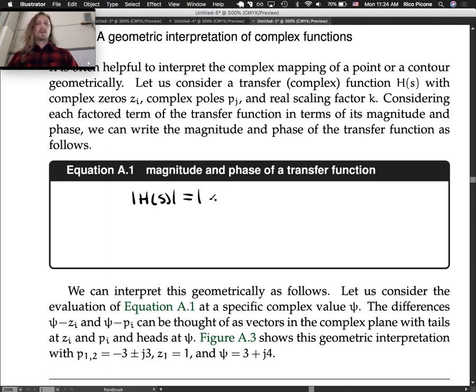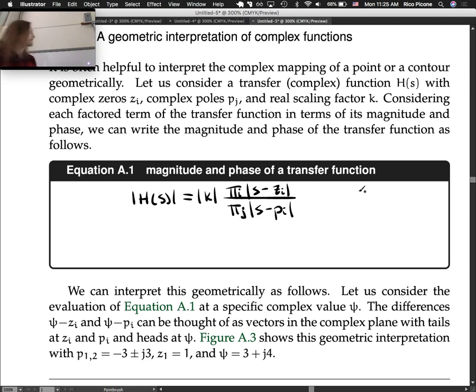So the magnitude of H is some scaling factor times the product of the magnitude of s minus all the zeros, divided by the product of the magnitude of s minus the poles.